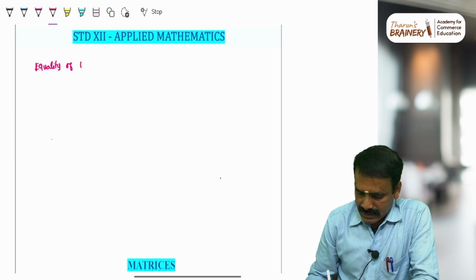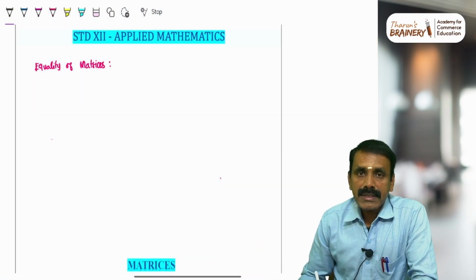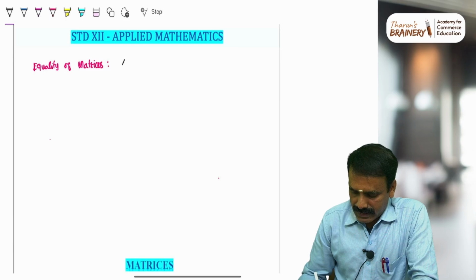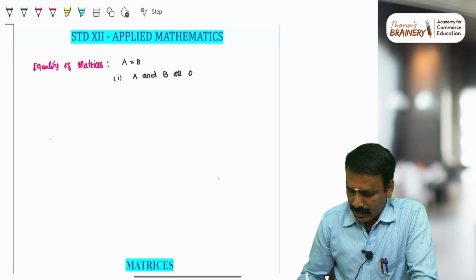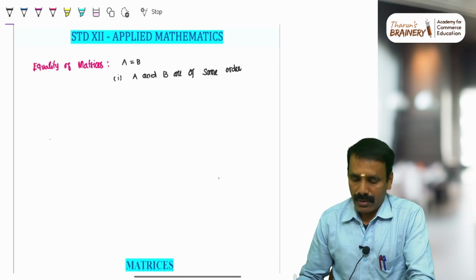Equality of matrices. Two matrices A and B are said to be equal, that is A equal to B, only when these two conditions are satisfied. First, A and B are of the same order.